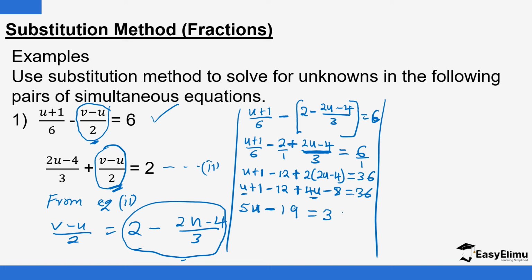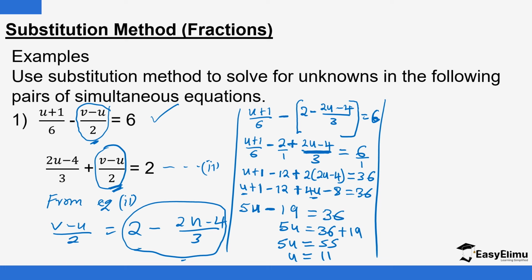So this is equal to 36. I will take this to the other side, so 5u should be equal to 36 plus 19. That is 55. So 5u should be equal to 55, and if you divide both sides by 5, u will be 11.